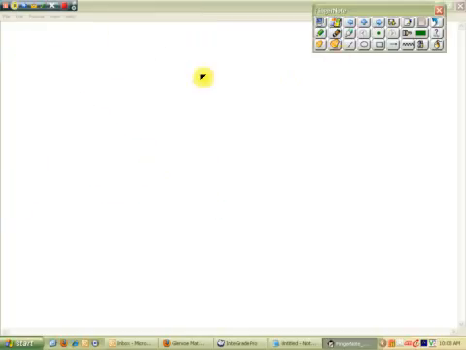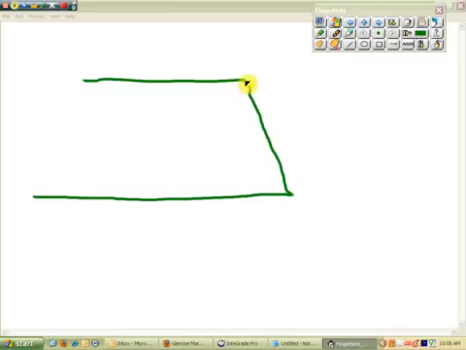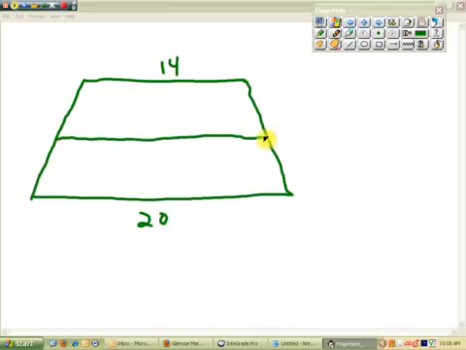Alright, number 18. Now we're talking about a trapezoid. And it says the measures of the bases of a trapezoid are 14 and 20. Well, a trapezoid, remember, looks like this. This base is 20 and this base is 14. What is the measure of the median of the trapezoid? Well, the median is the middle line.